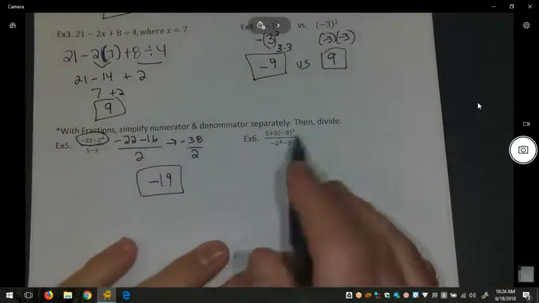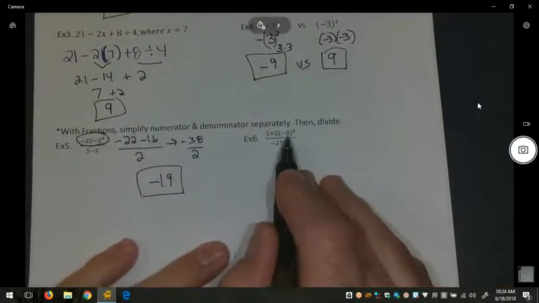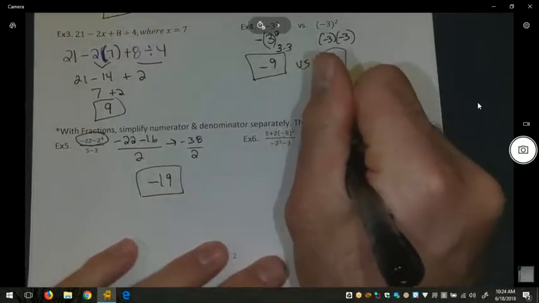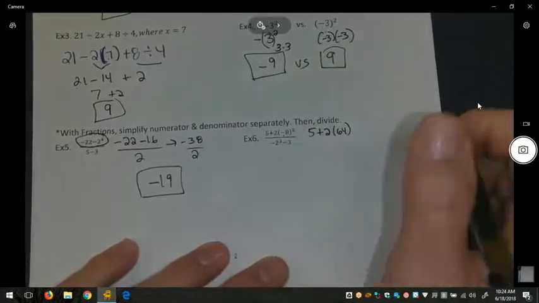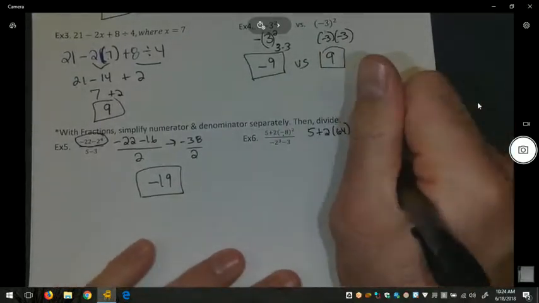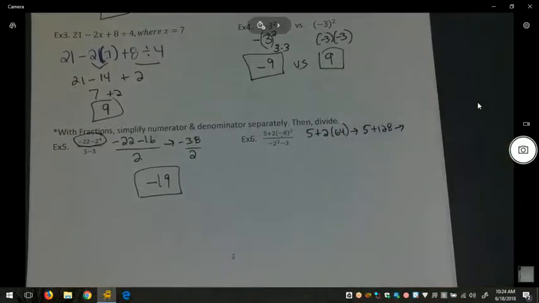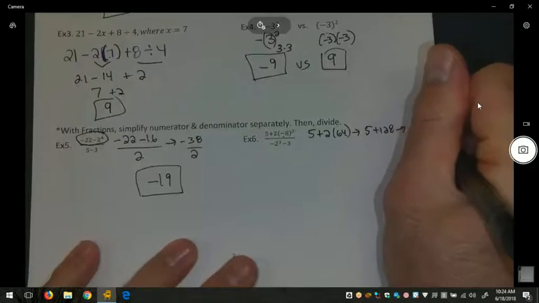Example 6. In my numerator, I have negative 8 squared, which is 64. So this is 5 plus 2 times 64. 2 times 64 is 128. So this is 5 plus 128. And 5 plus 128 is 133.